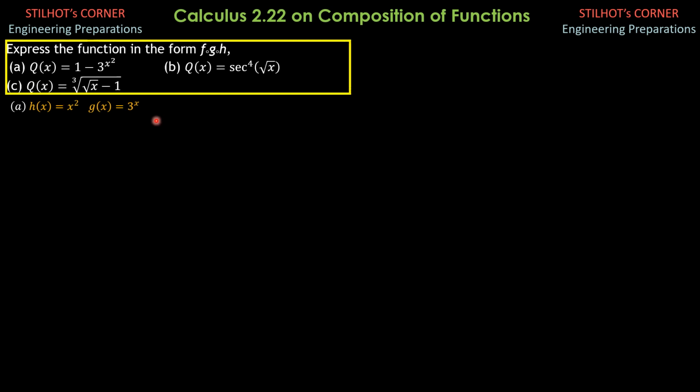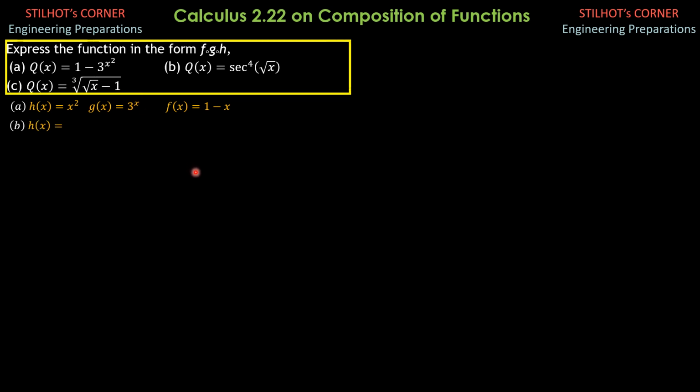Then finally, f of x should be 1 minus 3 to the x. Sorry, 1 minus x. Yes, 1 minus x, so that it is 1 minus 3 to the x squared after g of x.